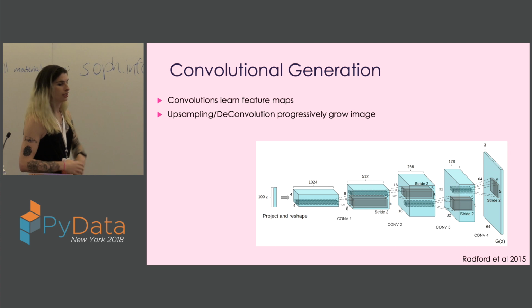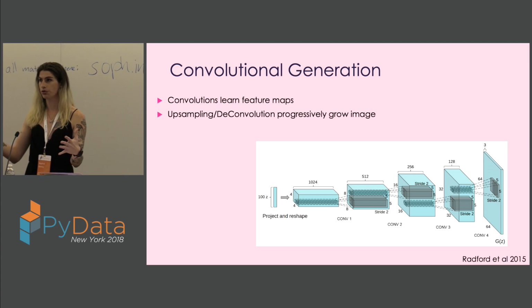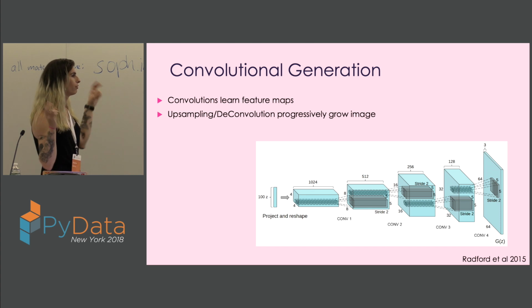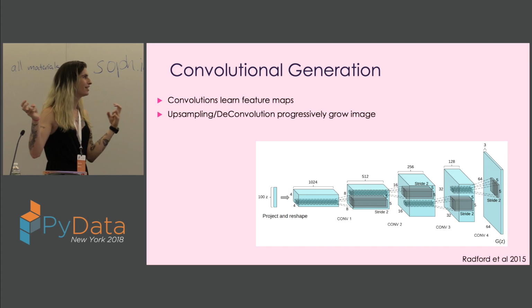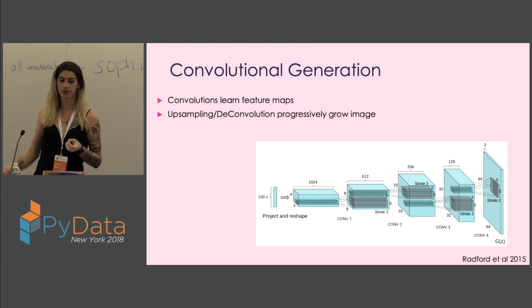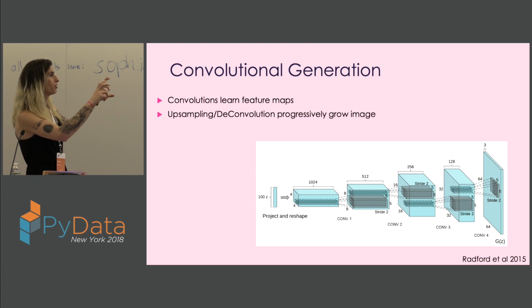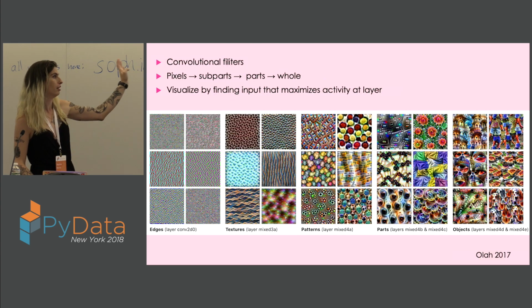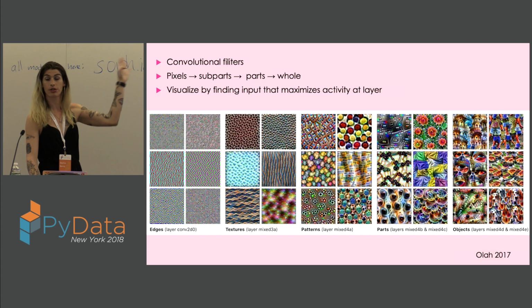This is a visual representation of using convolutions plus the opposite of that, either upsampling or what is technically not correctly called deconvolution. In Keras, we call it convolution transpose. We use those to progressively grow an image. Essentially, we're taking this process of image classification and running it in reverse.